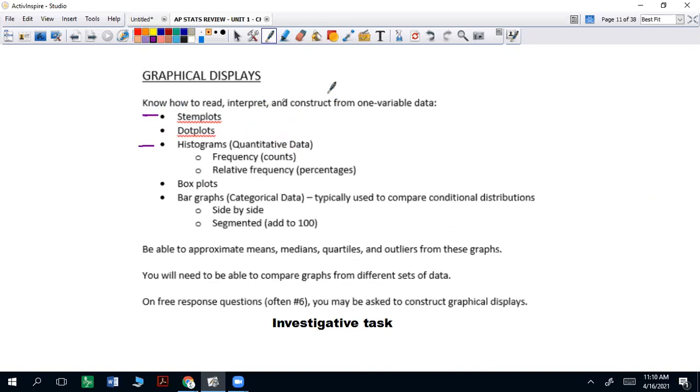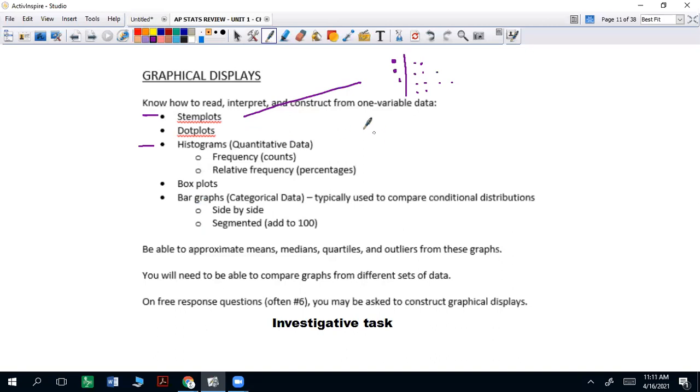So stem plots, you remember, are going to look like this. Typically, it'll have a number here, and usually there'll be a key saying what the numbers are. You'll have several numbers representing different sets of data, and a lot of times it'll be basically a bar graph sideways, okay? So stem plots look like that.